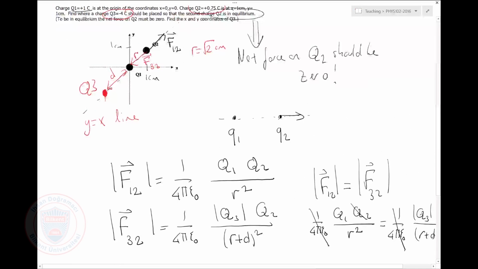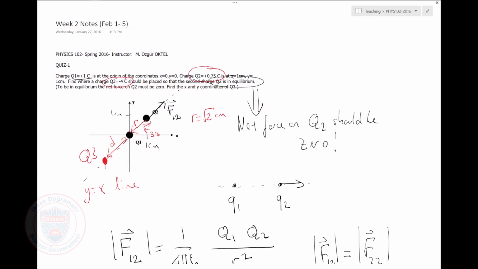Okay, did I solve the problem? Well, I kind of did solve the problem, but I did not state my answer the way the question asks. And that's an important part of being a scientist or engineer. Whatever is asked in the question should be replied the way it's asked. So what does the question ask me? It asks me to state the x and y coordinates of Q3.